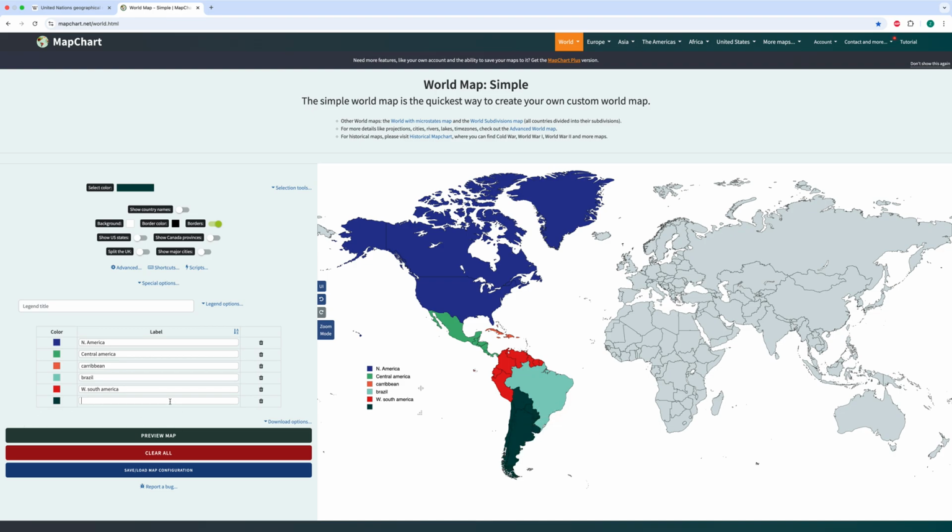That is the Southern Cone of South America. Okay, this is the Western Hemisphere. I'll go over this later.